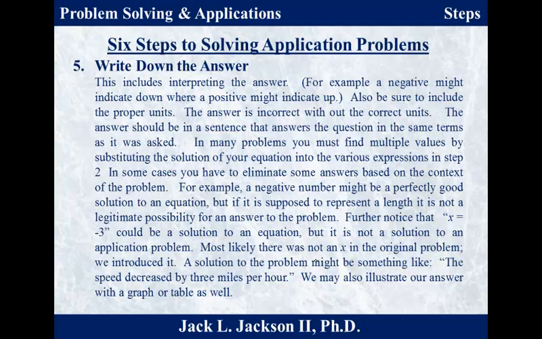Well, if it's supposed to represent a temperature, then positive and negative values are both possibilities, and maybe there are two possible answers. On the other hand, if it's supposed to represent a length, then a negative answer would not be appropriate. And so you just throw out that as a possible solution and only keep the positive one. If you end up having to eliminate all the answers, then you have a solution that is not even possible.